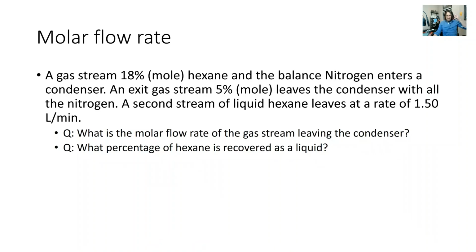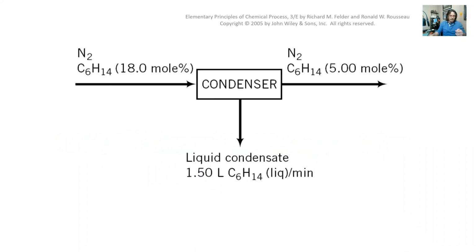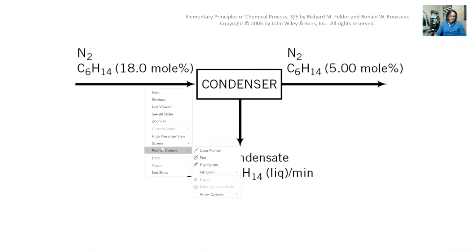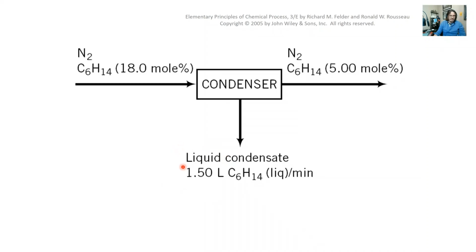All right, so we just saw the solution to this problem involving molar flow rate. Some key things you needed to solve this problem were the specific gravity of the hexane, particularly the specific gravity of the liquid hexane, because that allowed us to calculate the molar flow rate of this stream. And we were then able to calculate the molar flow rate of your input, and then the one we wanted, which was the gas.